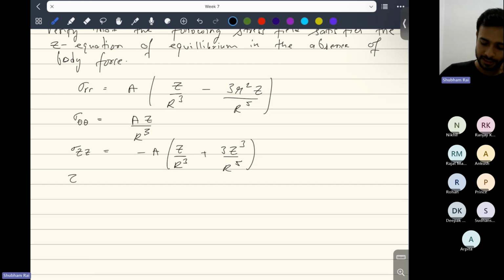Then you have tau rz as well. So tau rz is minus a times small r divided by capital R cube plus 3z square small r divided by capital R to the power 5.